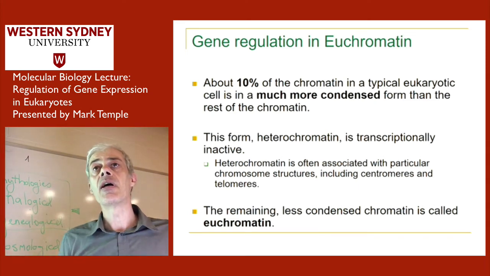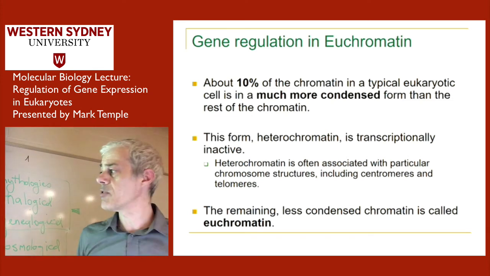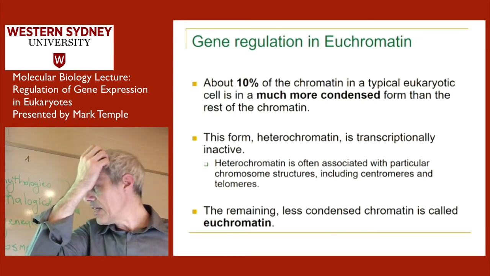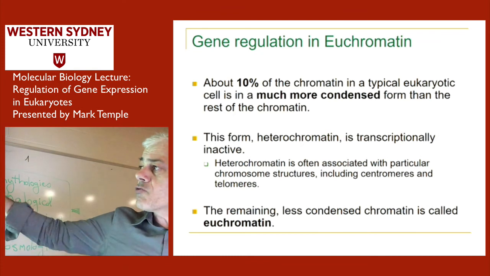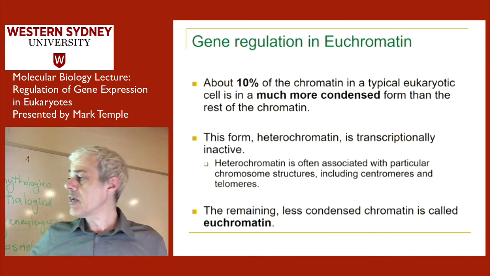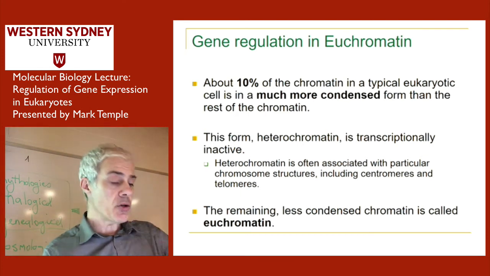It's more to do with pulling chromosomes between cells and maintaining the ends of chromosomes. And in the other 90% of the genome, you've got various states of packaging, and in that diagram it's packaged as euchromatin.